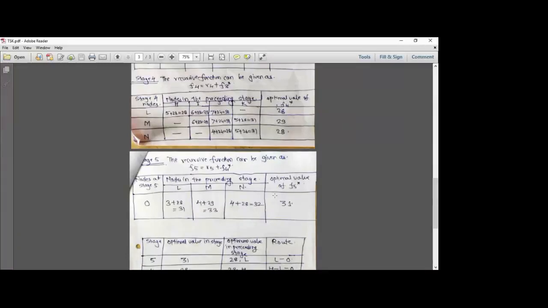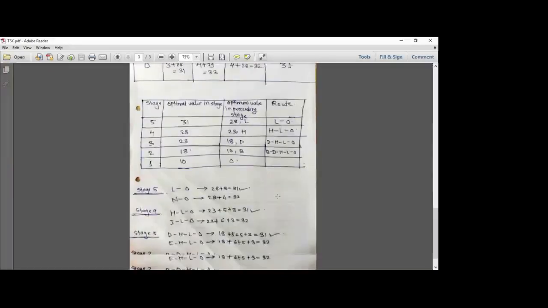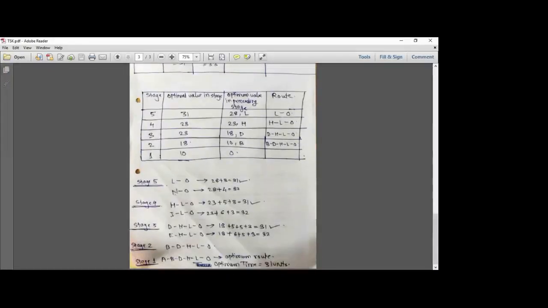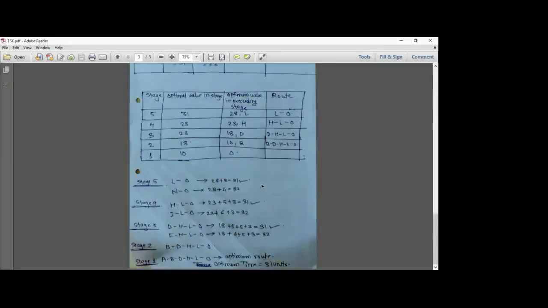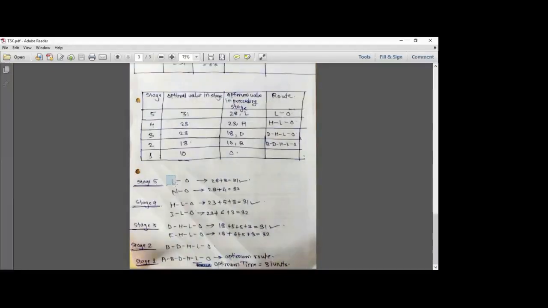No, we shouldn't be accepting 32 as a value. We should accept that route which is sticking to the value of 31. So here you can see, if we go through N to O, it is 28 plus 4, 32, which is not acceptable. So what is the right value? It is 28 plus 3, that is 31, and hence I have selected this L node, and I have written here L node, and my route comes out to be L to O. I'm hoping that everyone has got this, right?